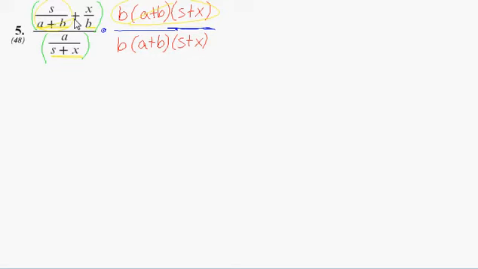So that means that we are left with s. Hang on here, let me make sure I'm not doing this wrong. Okay, so we have these two canceling, so we're left with s times whatever didn't cancel, right? So we have sb times s plus x, all right?